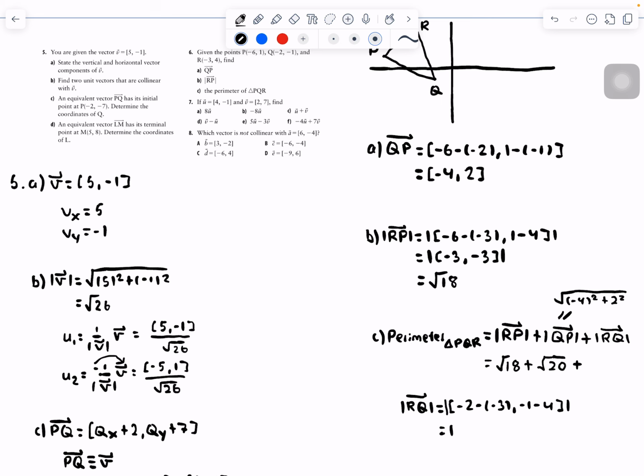So then we get -2 minus -3, which is 1, and then you get -1 minus 4.